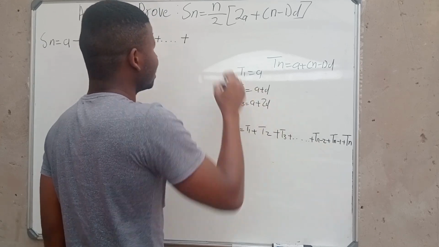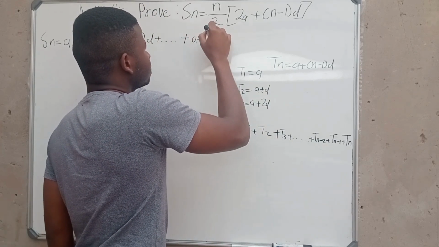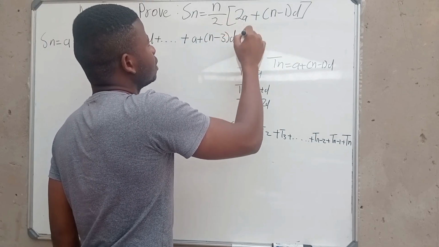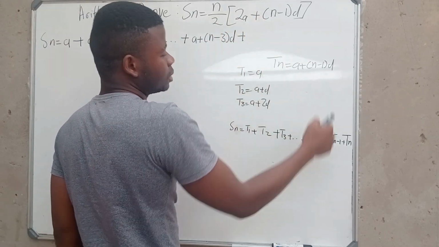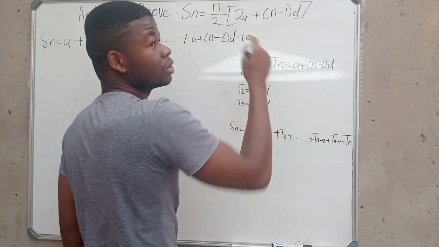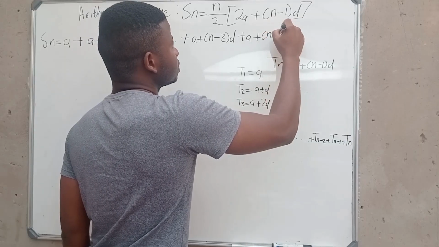So Tn minus 2 is going to be A plus n minus 3d. If you rewind, you're going to see plus n minus 2d.